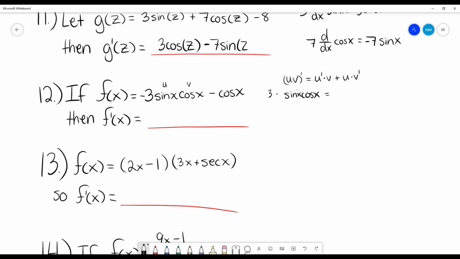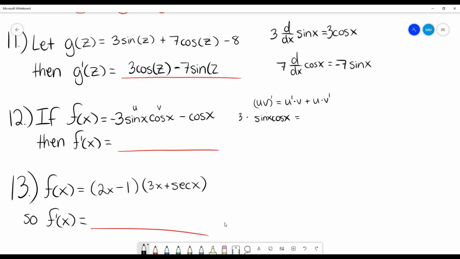The derivative of sine is cosine, so it's cosine of x times v, which is cosine, so it's just cosine of x times cosine of x. And then we have to add this next bit. Our first term is sine of x times the derivative of our second term. The derivative of cosine of x is negative sine.